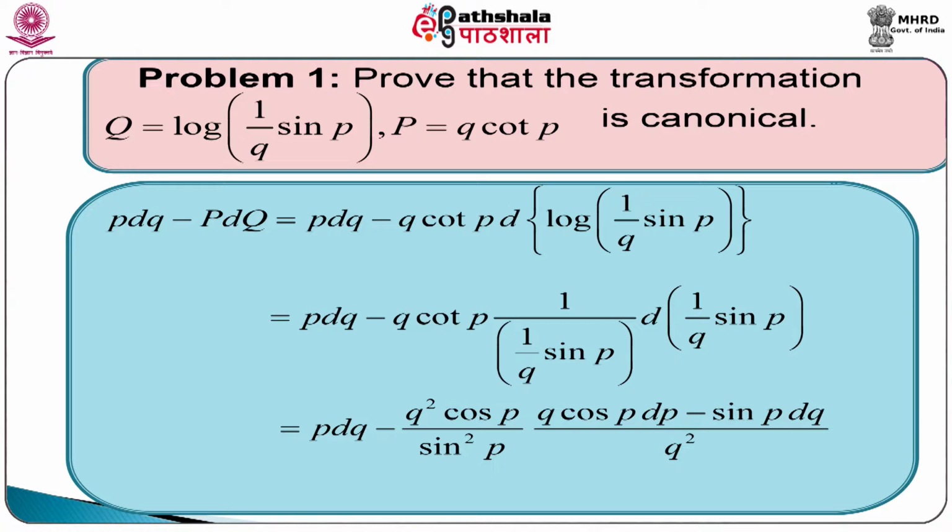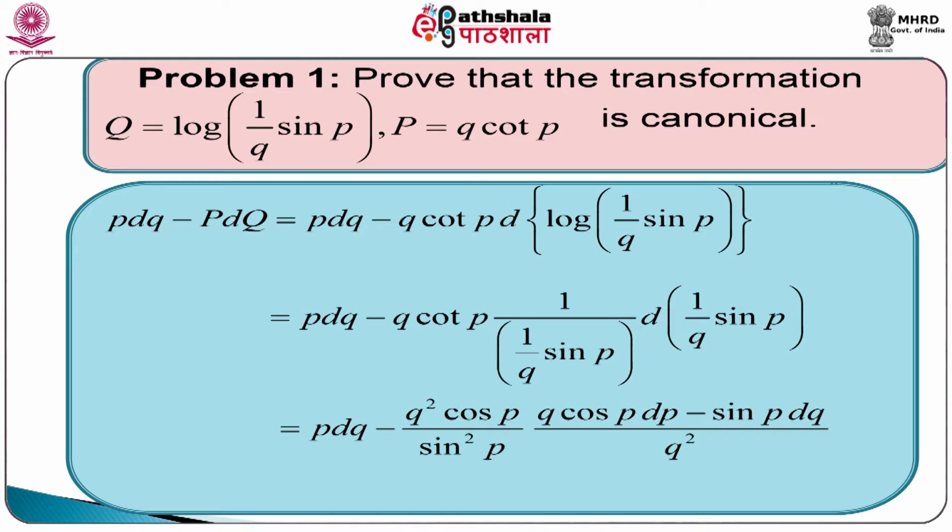Now, p dq minus P dQ gives p dq, and in the second term we are replacing P from the given expression and we are calculating the differential from the expression of Q. This has been written in the second term of the right hand side.